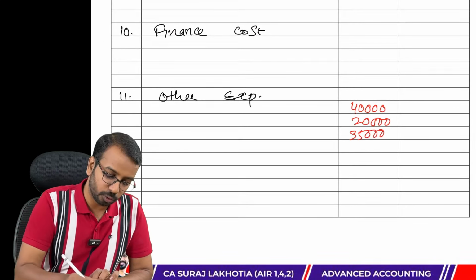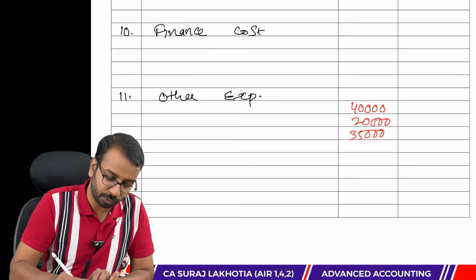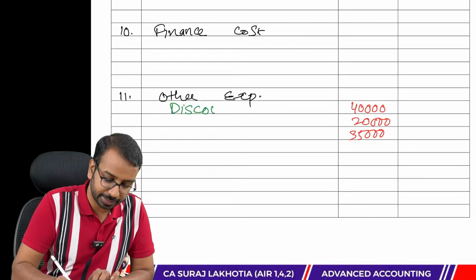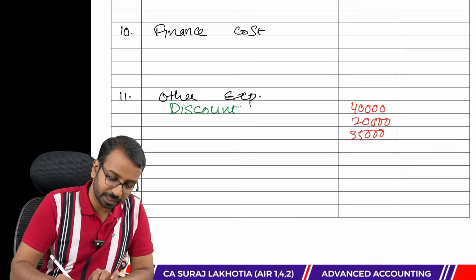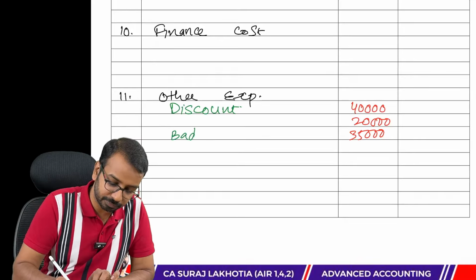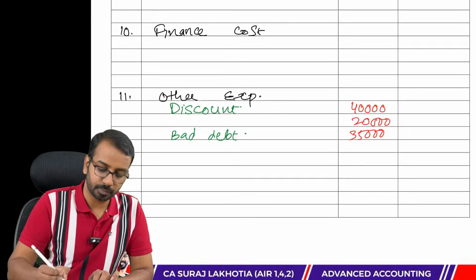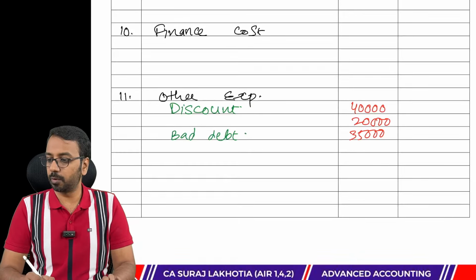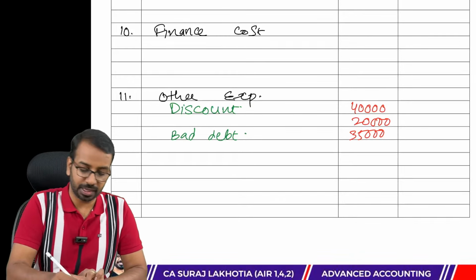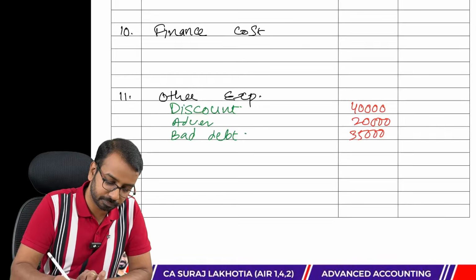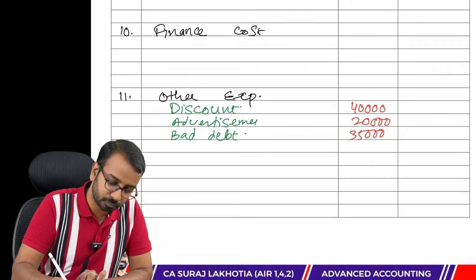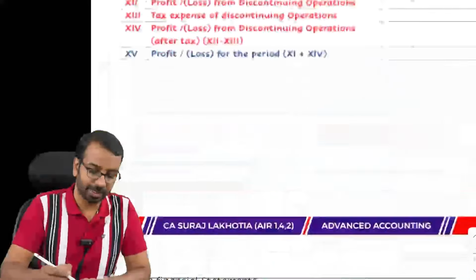What was 40,000? 40,000 was discount. Then 35,000 is bad debt. 20,000 was advertisement. So 3 items are done.